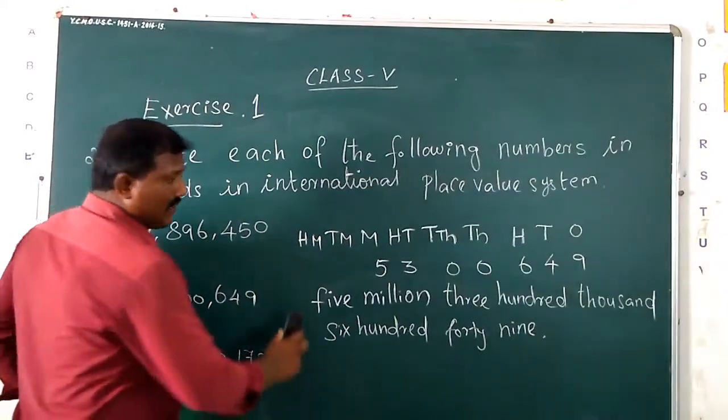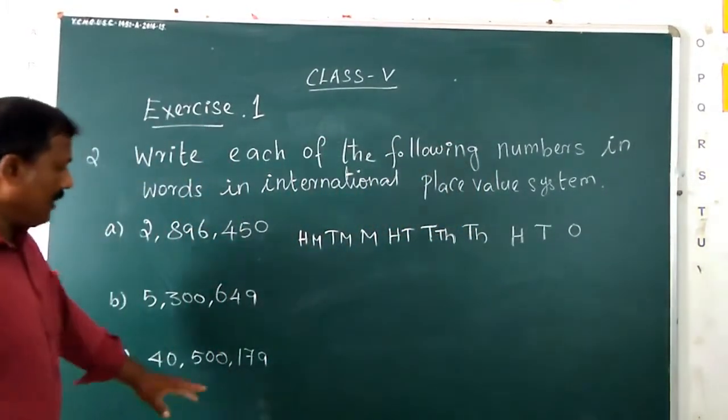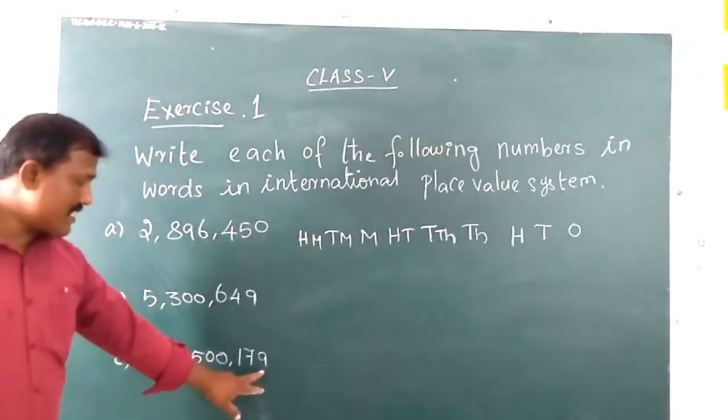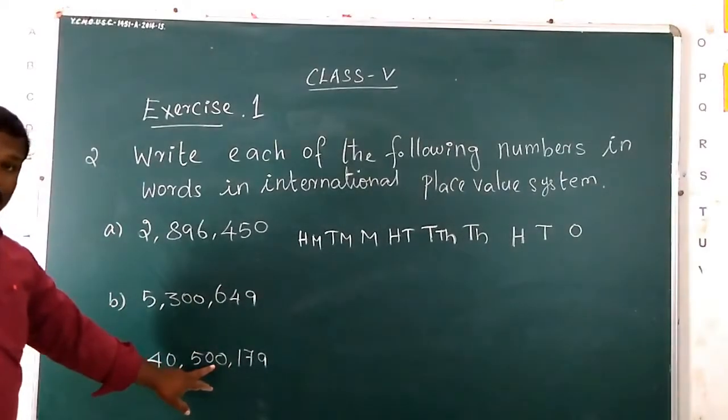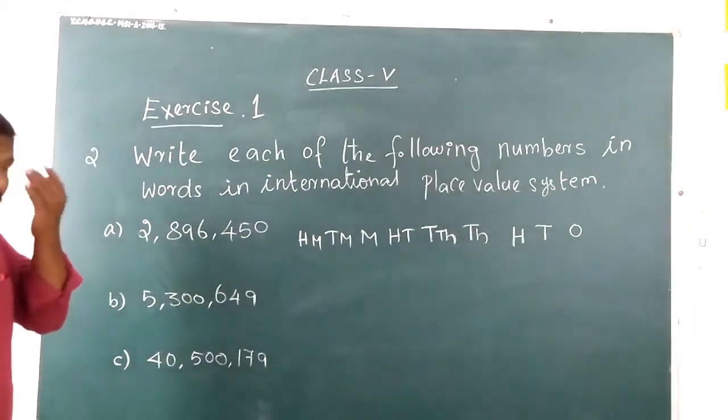Then let me see another example. First of all, I am going to read this number as per the international place value system: ones, tens, hundreds, thousands, ten thousands, hundred thousands, million, ten million.